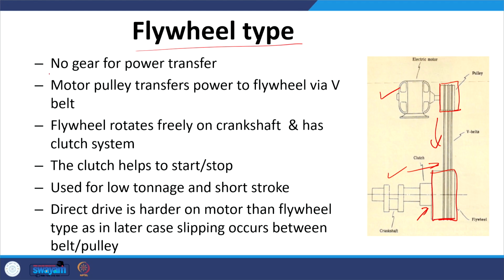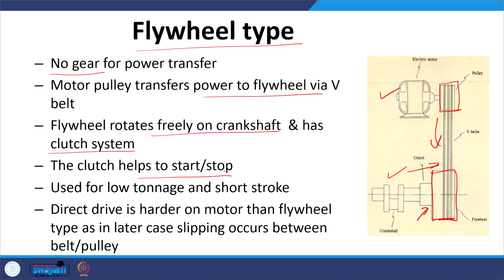So, here there is no gear for transfer of the power, the motor pulley transfers the power to the flywheel via the V belt and the flywheel rotates freely on the crankshaft. Then the crankshaft is engaged using a clutch system when sufficient energy is delivered to the flywheel for the operation.